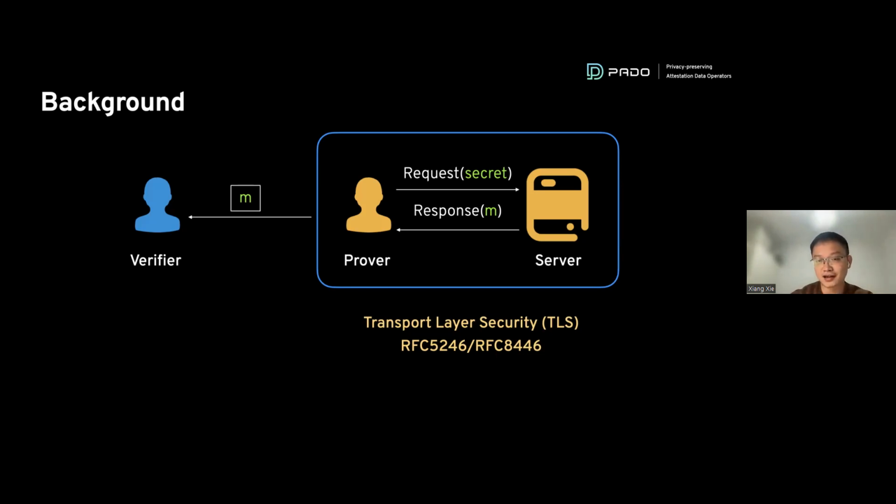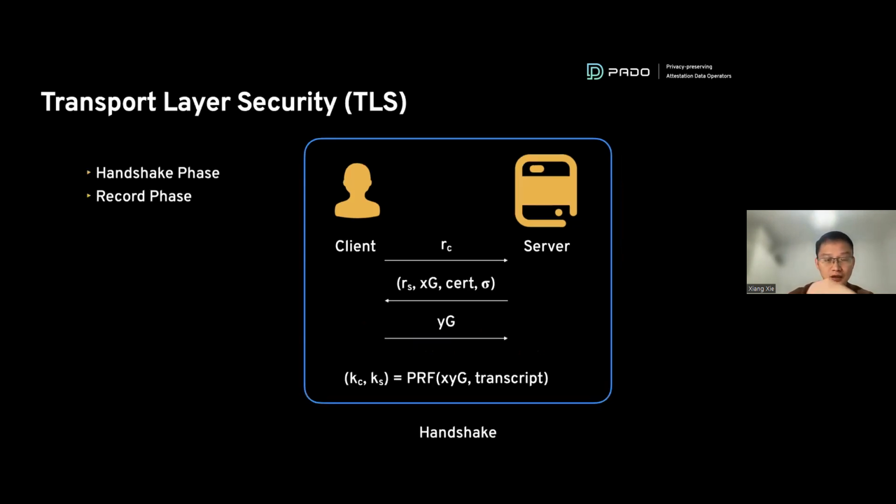So let's go into a little bit more detail of the TLS protocol itself. There are two phases of TLS. One is called the handshake phase, and the other is the record phase. Handshake means that the client and the server run a key exchange protocol to get a shared secret key. They are using the very standard, classic Diffie-Hellman key exchange. The protocol is very simple in general.